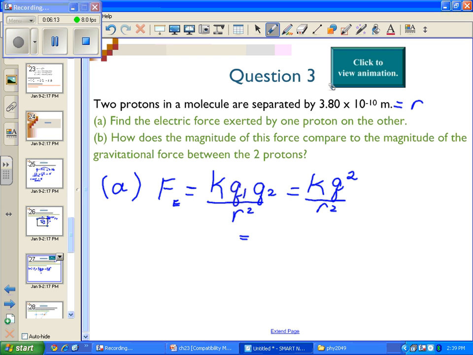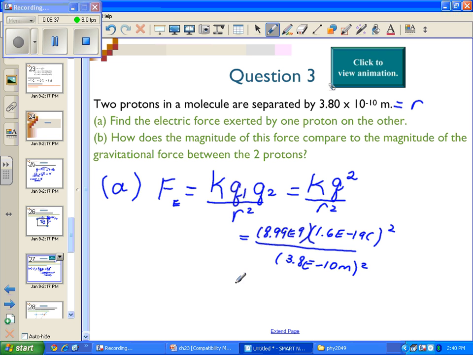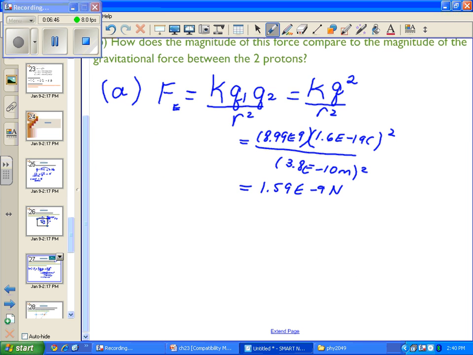We substitute our numbers, 8.99 e to the 9 for the electric constant, Q, the charge on a proton, 1.6 e to the minus 19 coulombs squared, divided by their distance of separation, 3.8 e to the negative 10 meters squared. And we get a value that is equal to 1.59 e to the minus 9 newtons.